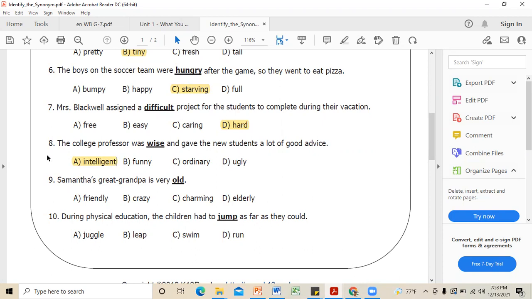So that is why we say the college professor, right? So professor is someone who knows about a lot of things in his or her own area. So we say a professor is wise, so we can say a professor is intelligent, right? Okay, so maybe Bashita, the ninth one.